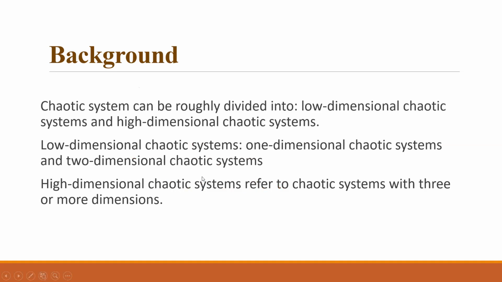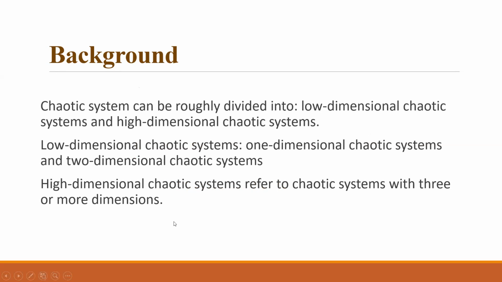On this basis, people propose to use chaotic systems to encrypt images. Chaotic systems are favored for their uncertainty, unpredictability, and non-repeatability. Chaotic systems can be roughly divided into low-dimensional chaotic systems and high-dimensional chaotic systems.